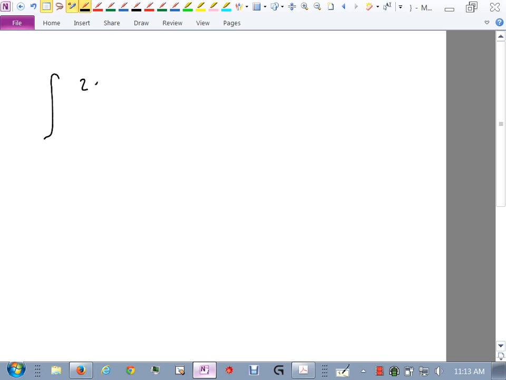What if we have the integral of 2x plus 1 over x squared minus 3x plus 4 dx? Sorry, I have to think through that one a little bit.